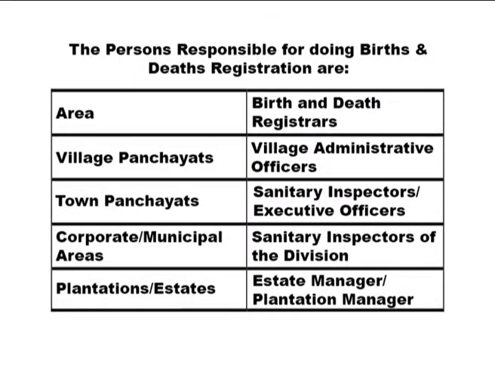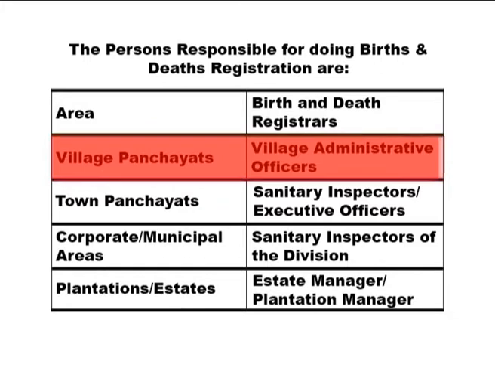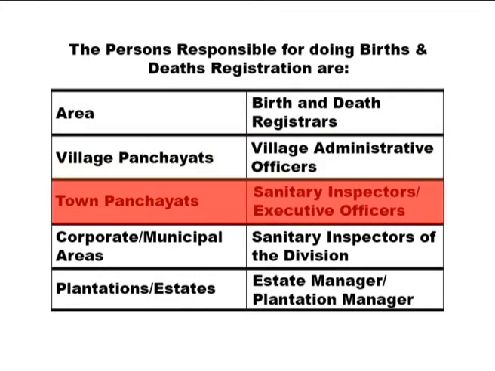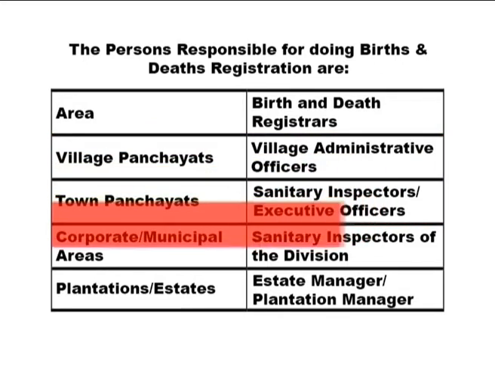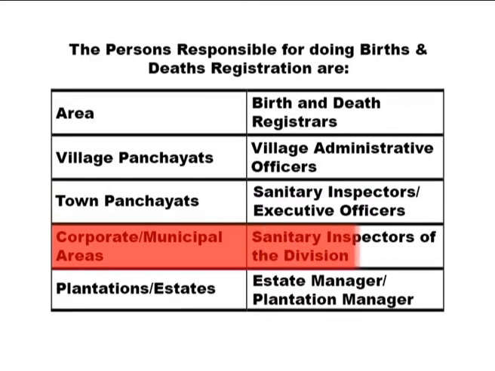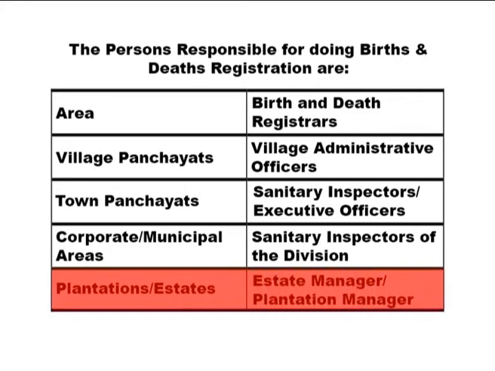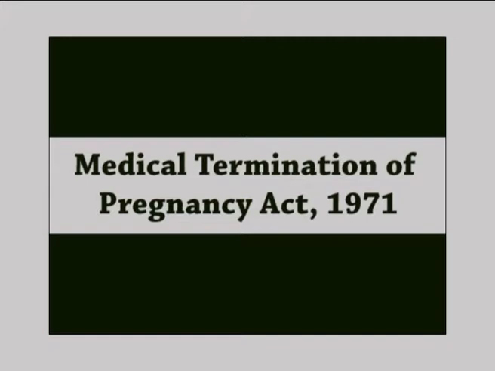The persons responsible for doing births and deaths registration are area-wise birth and death registrars, village panchayat, village administrative officers, town panchayat, sanitary inspector executive officers, corporate or municipal areas, sanitary inspectors of the division, plantation estates, estate manager or plantation manager. Next Act is Medical Termination of Pregnancy Act 1971.